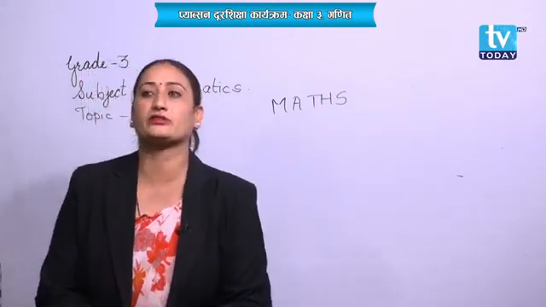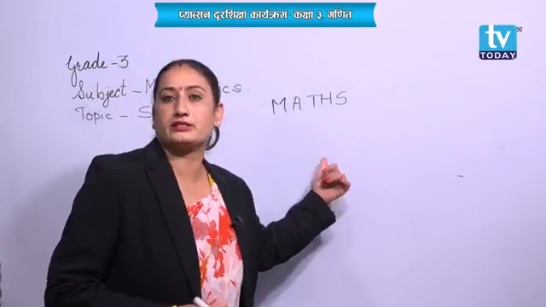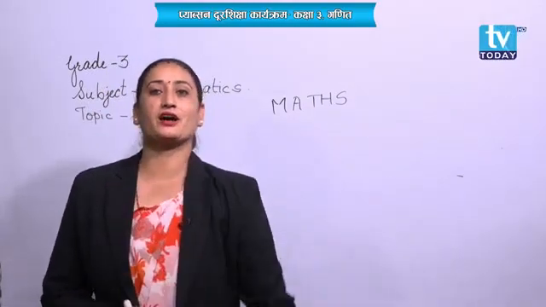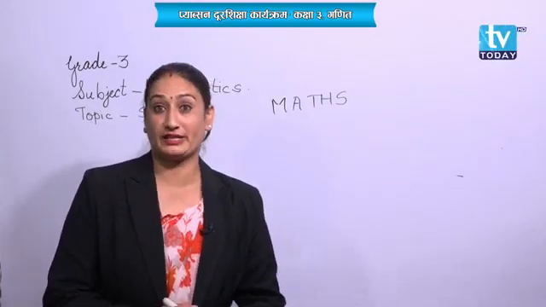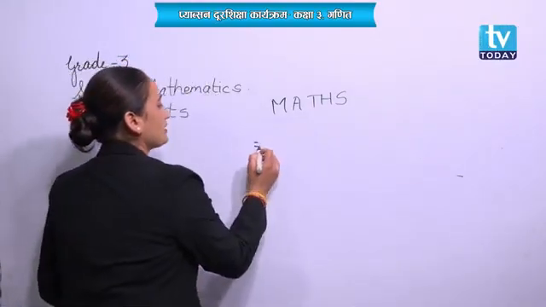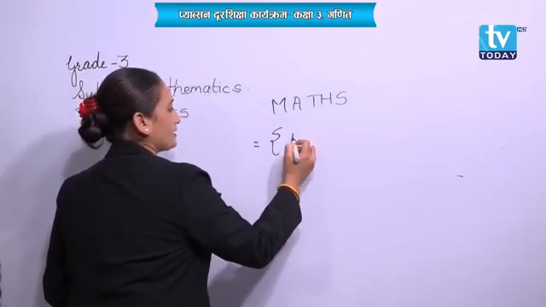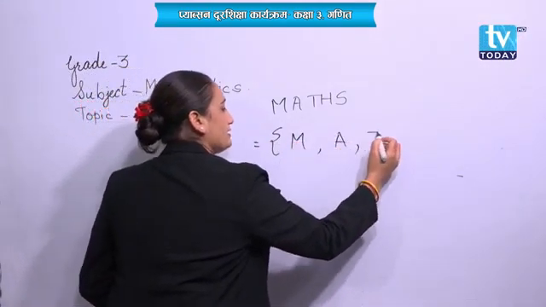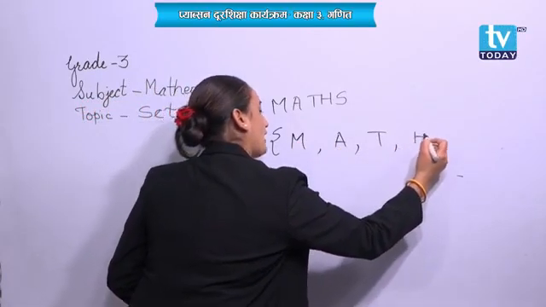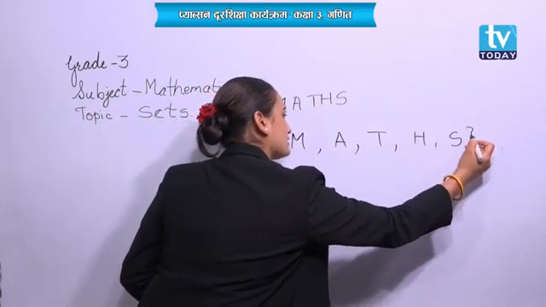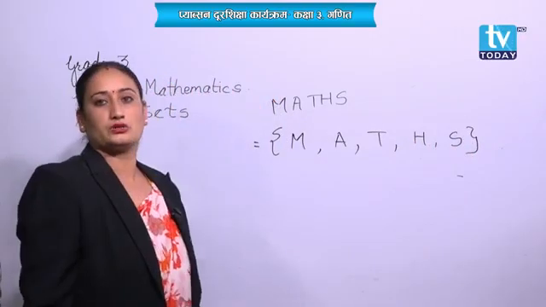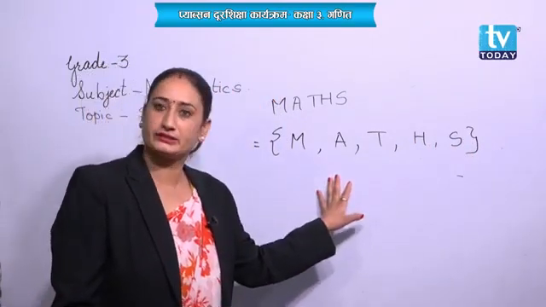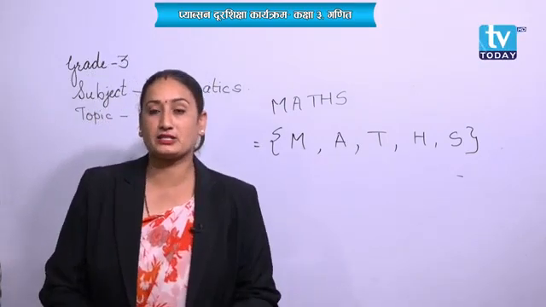How to list out the letters of maths? By using a curly bracket. So, please list out this one. Use a curly bracket and write down M, comma, A, comma, T, comma, H, comma, S. Curly bracket, close. Using curly bracket and comma. Done? Okay, now next question.